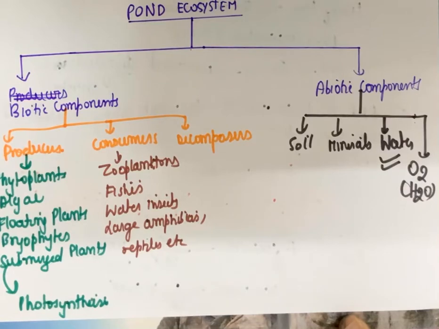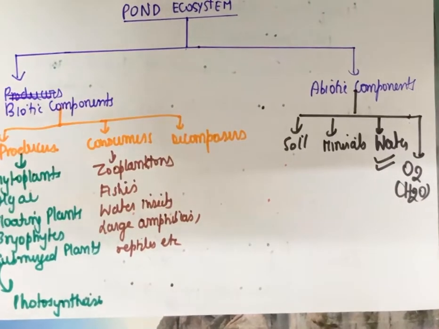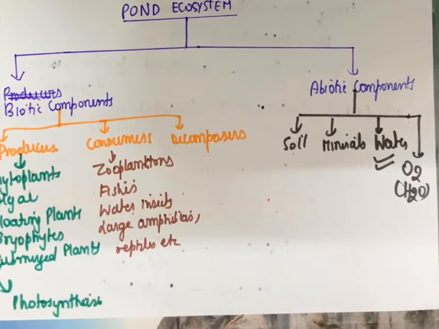Who will be the decomposers? Decomposers always are bacteria and fungi and some other microbes, which convert the dead and decaying remains and the excreta of these two into inorganic matter once again and help in nutrient cycling.